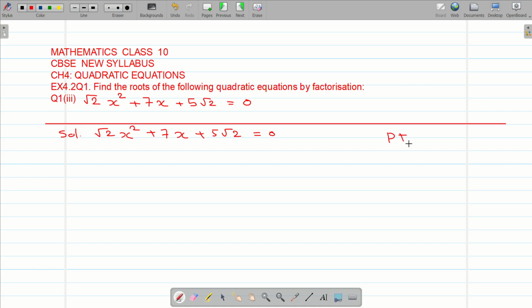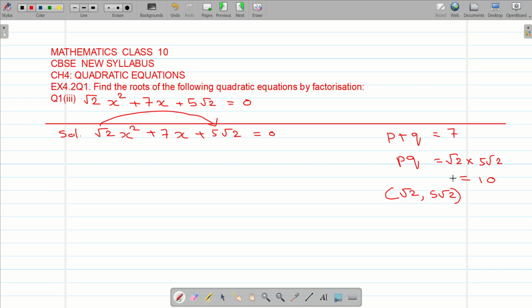Two factors, the sum is equal to 7 and the product is equal to root 2 multiplied by 5 root 2, that is equal to 10. The factors can be root 2 and 5 root 2.